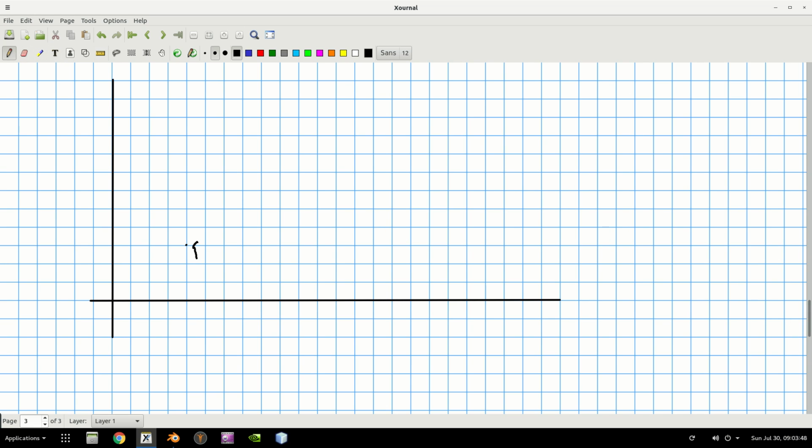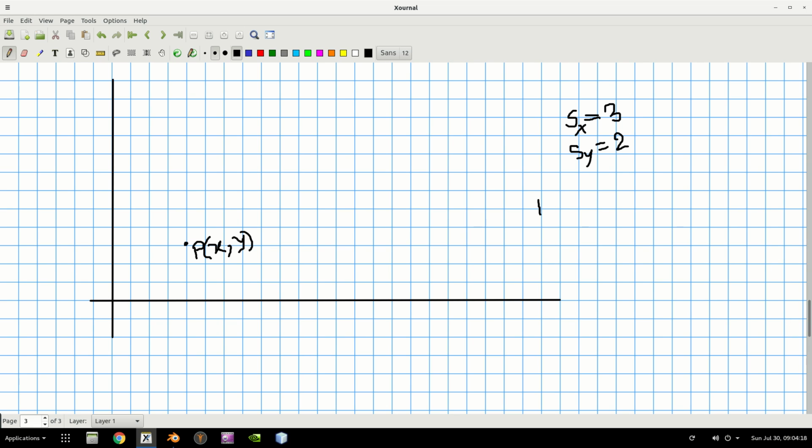Let's say this is my point P, given by two coordinates x and y, and I want to scale it. Originally this is at (4, 3), remember that? And I'm telling you that I want to scale it on the x-axis by 3 units and on the y-axis by 2 units.